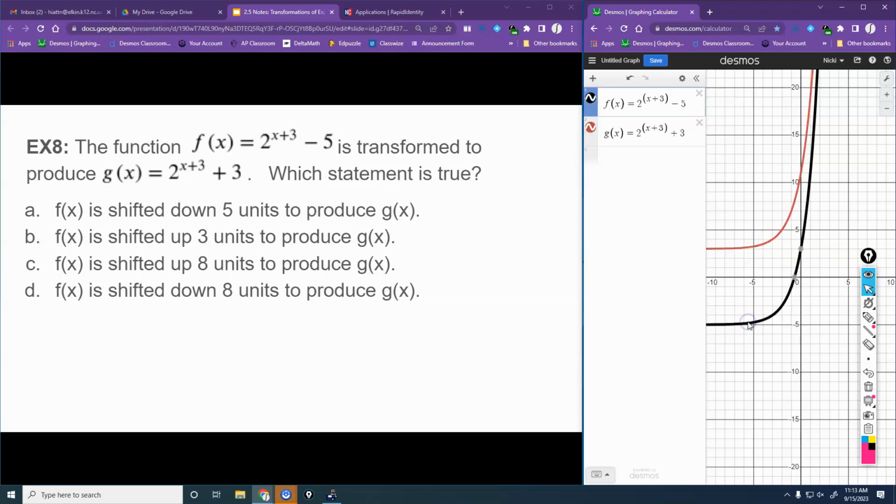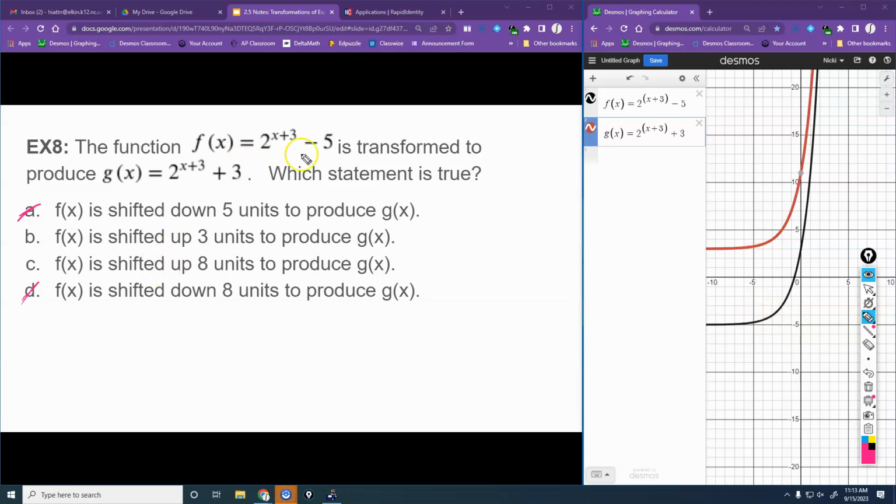So if I'm going from the black graph to the red graph, am I going up or down, first of all? I'm going up. So that means that I'm not going to use A or D, because F is the black graph. I'm shifting it to make the G graph, so it's got to go up.